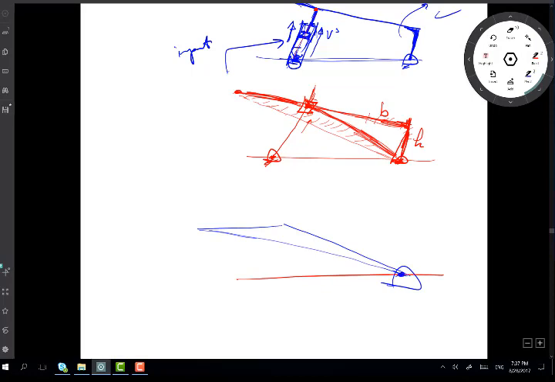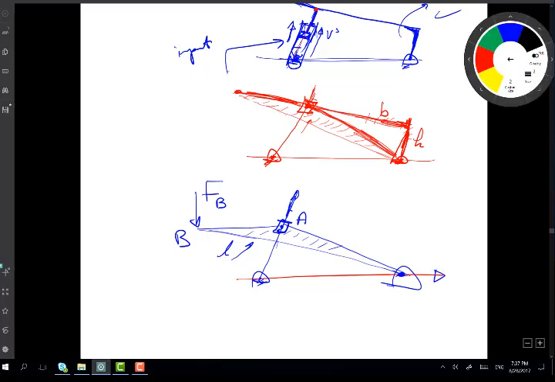And this point here will have the slider connected, and sliding is going to occur in this direction. I can say this distance here is L, for example, and this is F. So this is point A, this is B. All right, and now I have my axes: my x-axis here, my y-axis here.